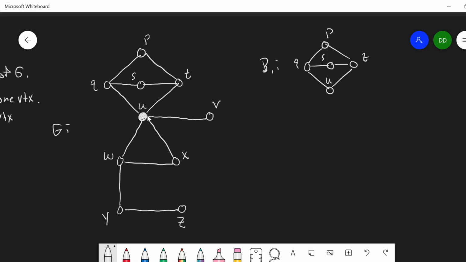So this I'll identify as a cut vertex. That's going to help me pick out the blocks, if I identify the cut vertices of the graph. There's a cut vertex, here's a cut vertex, and here's a cut vertex. Are there any other cut vertices here? I don't think so. I think we just have these three cut vertices.